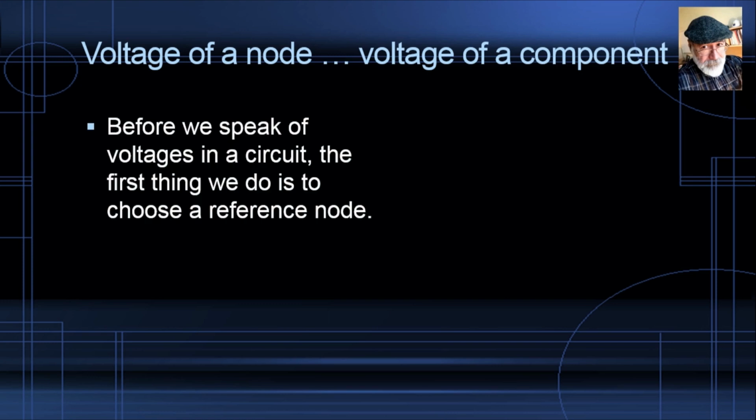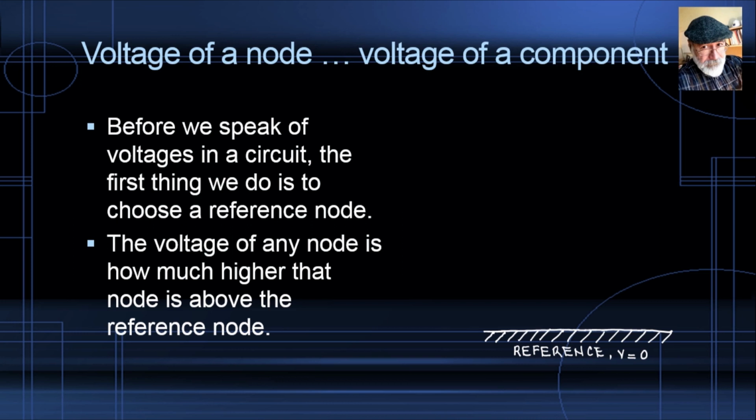Before we speak of voltages in a circuit, the first thing we do is to choose a reference node, this node down here. The voltage of any node is how much higher that node is above the reference one. For instance, in this resistor between 2 nodes K and M, what is the voltage of K?